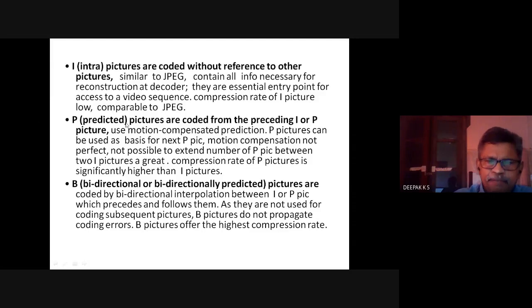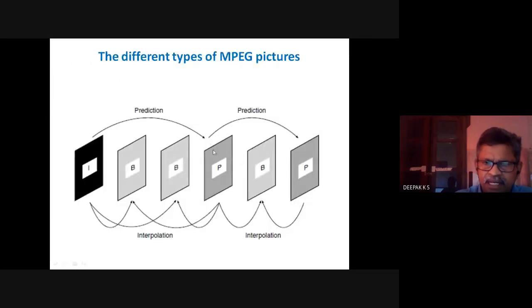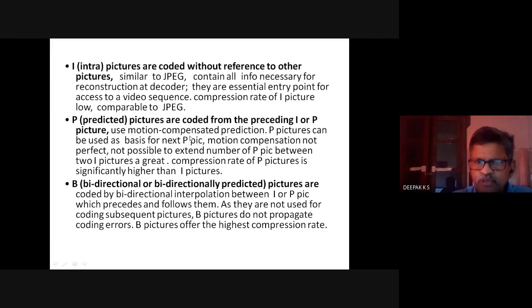Now, predicted pictures are encoded from preceding I or P pictures. So P can be from an I picture, or they can be predicted from a P picture. They use motion compensated prediction, which is normally a technique used, because across frames some portion will be static and some portion will be moving.